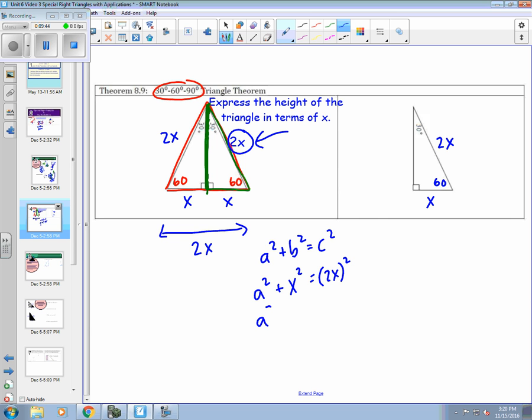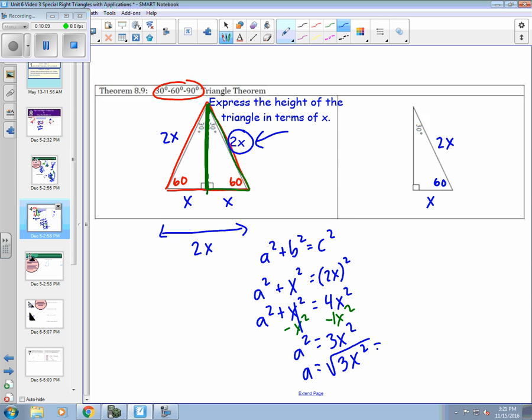Well, if we square 2x, it means we got to do 2 squared and x squared. 2 squared, 2 times 2 is 4x squared. Now we need to subtract this term over to the other side. That's a 1x squared. So now we have 3x squared. And then finally we need to take the square root of that.